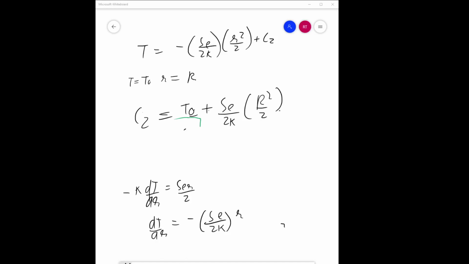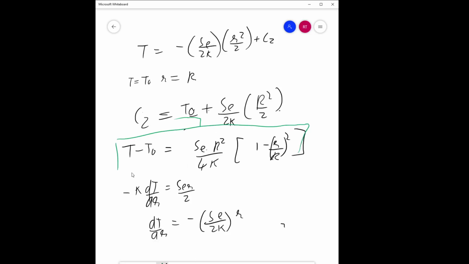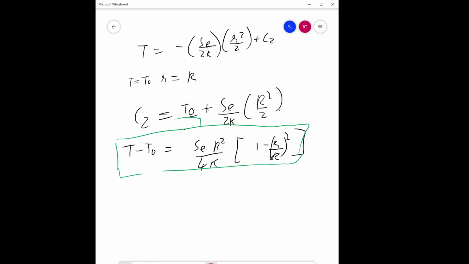So this is the second part of the equation, and now you just substitute this value inside this. So what you get is (T minus T0) divided by (S C R square by 4K) is equal to 1 minus (r by R) square. Now this is the basic equation, and to get the maximum temperature you have to take the differential of this.